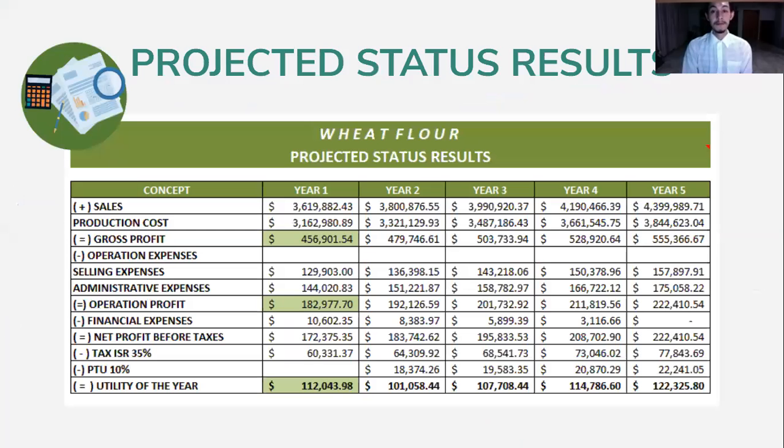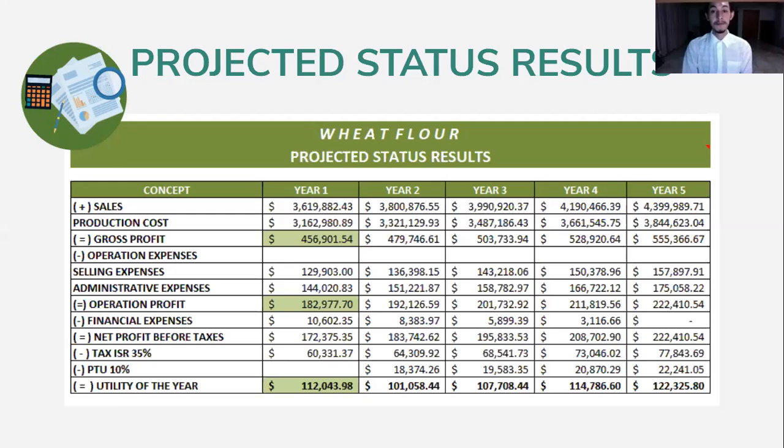Okay, to illustrate this example, we have this chart and our income for year one, which is 3,619,000. So basically, we are going to take away some concepts such as production costs to get our gross profit.